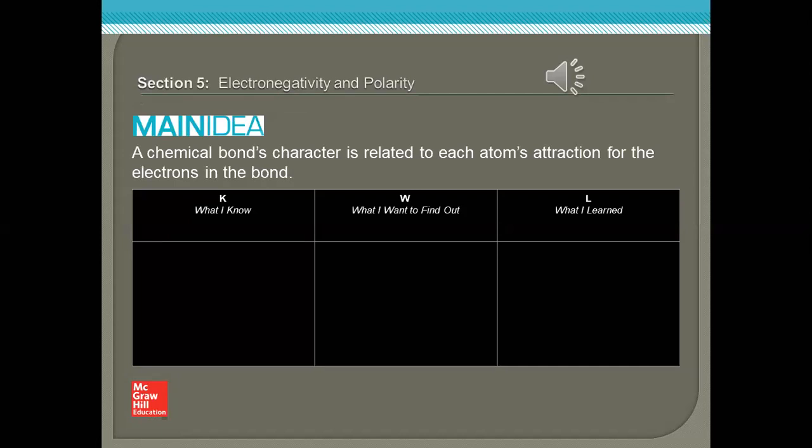What is meant by chemical bond? A chemical bond is any bond that joins two atoms to make a compound. So any compound consists of two atoms or more. There must be a bond that makes attraction between these atoms.